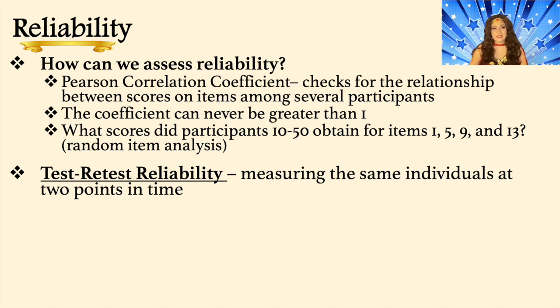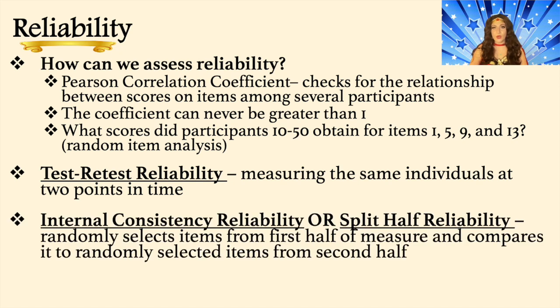The third type of test we have is the internal consistency reliability, or another word for this is the split half reliability. In this case, a researcher would randomly select certain items from the first half of the measure, and then randomly select some items from the second half of the measure, and compare them.